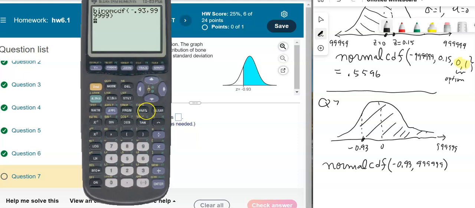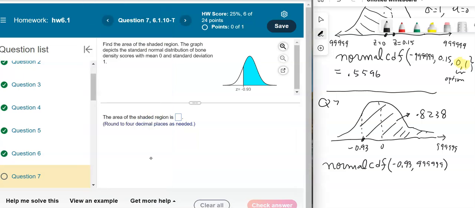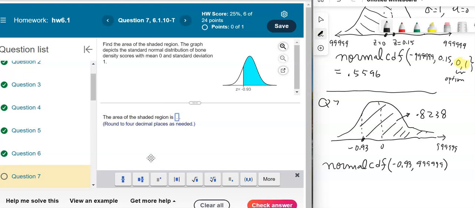No. Second bars, you go to normal CDF. Okay, and then negative 0.93, comma 999,999. Then you're going to get 0.8238. So this area is 0.8238.